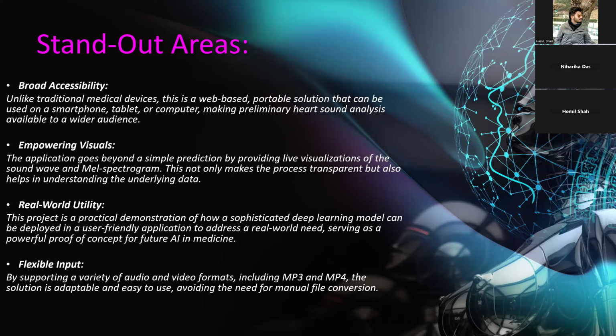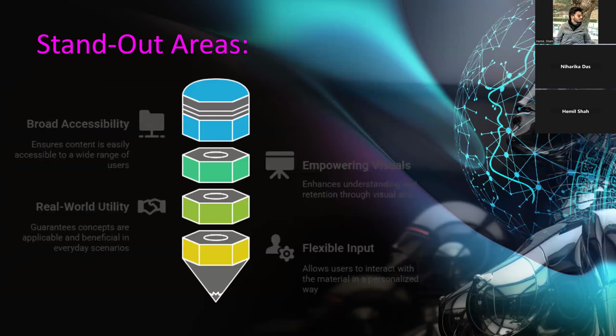Then real world utility basically means that we have a very broad future scope, so the users can rely on our app seamlessly well. And flexible input allows the users to use a broad range of formats, like audio and video formats such as MP3 and MP4, and WAV files as well.